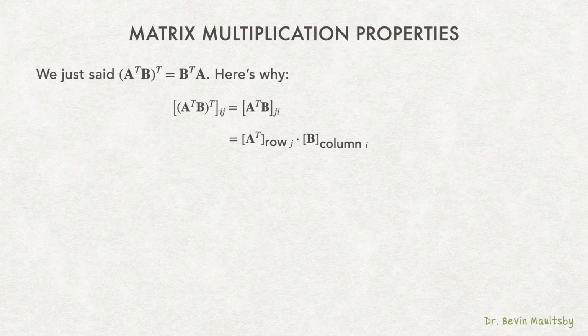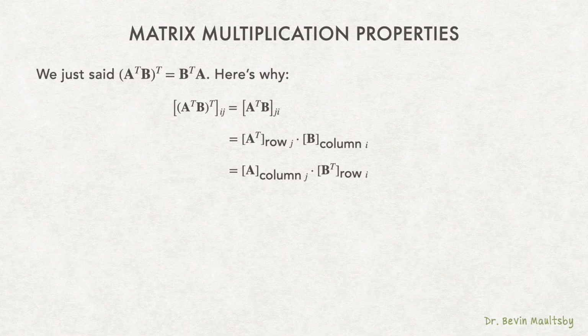Now let me transpose each of these individually. So in other words, the jth row of A is the same as the jth column of A transpose. It's the same entries. And likewise, the ith column of B has the same entries as the ith row of B transpose. So here when I say equality and I'm saying that things are the same, whenever I write a vector dot product, I'm imagining two proper column vectors.